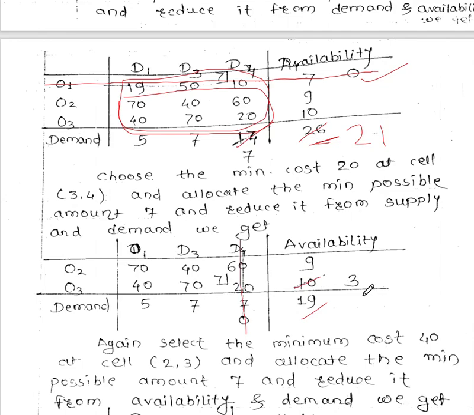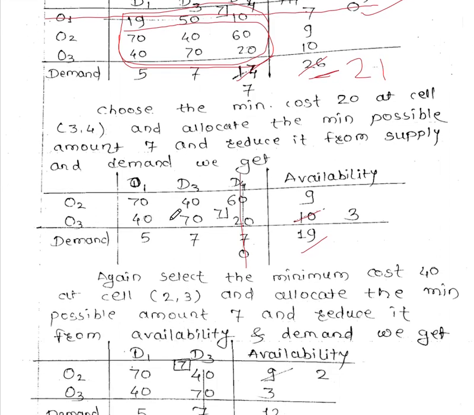What are the next steps? Write down the other remaining elements: 70, 40, 40, 70.